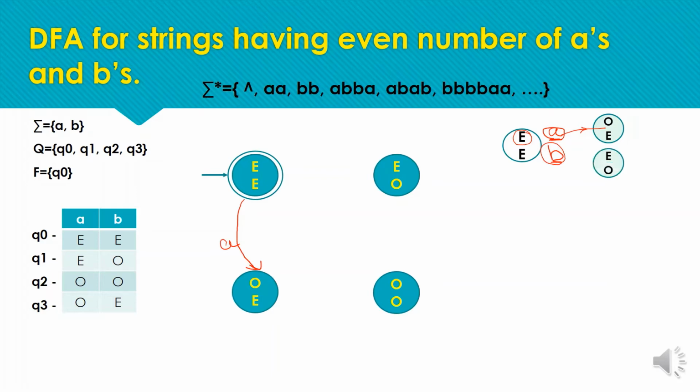So the resulting state will be this, with an even number of A's, as earlier, but now we have a single B received. So for a single B received, the number of B's is odd now. So the transition should go from the initial state to this state for the input symbol B.